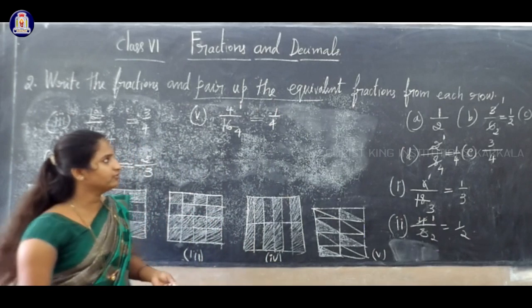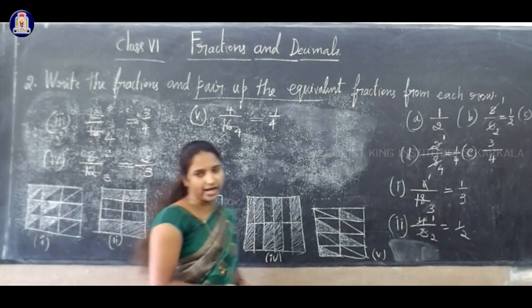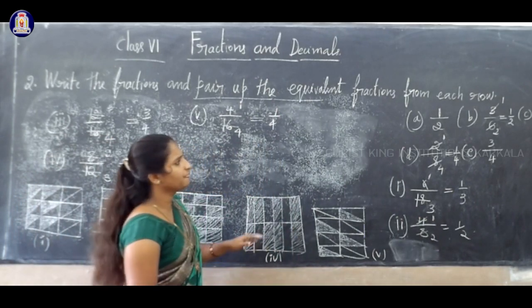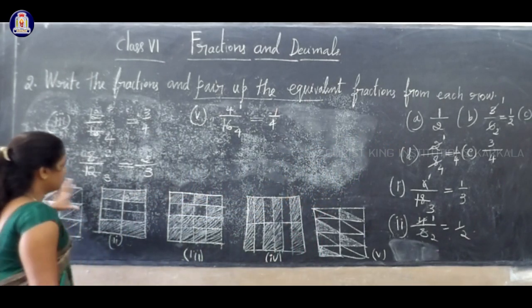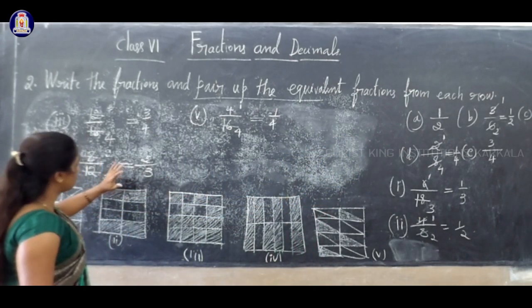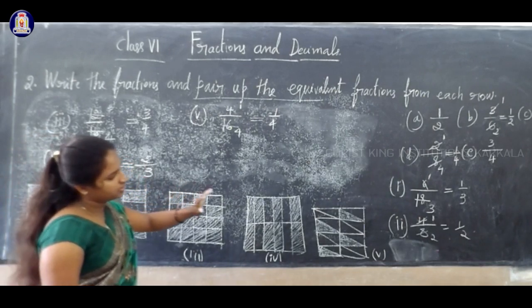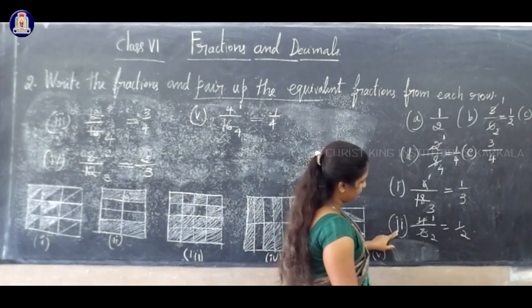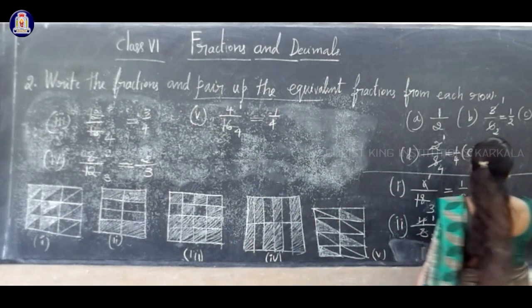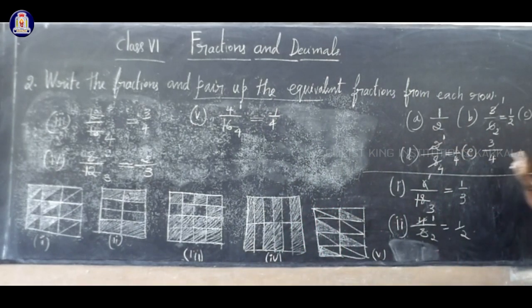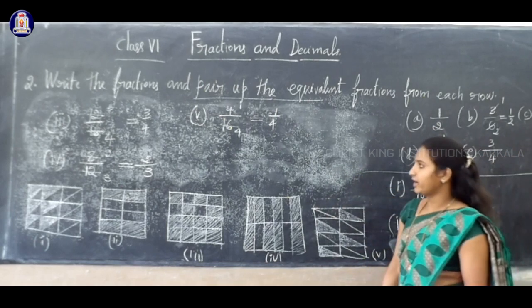So now you have to pair the equivalent fractions. For the first figure 1 by 2, which figure in the second row is equal? Yes, see the second figure. The second figure also we got 1 by 2. So this is the first row figure fraction and second row figure fractions.